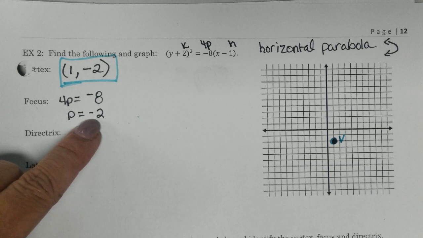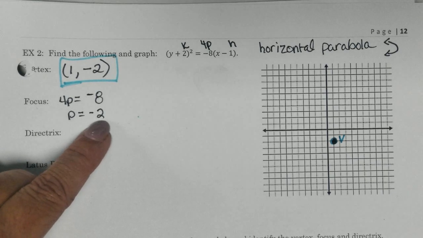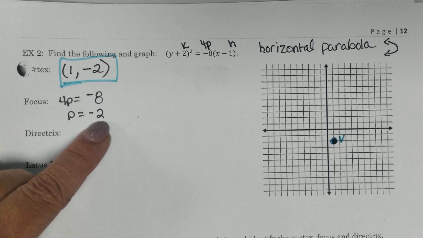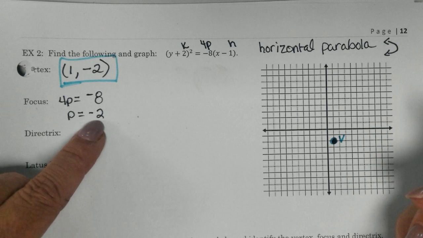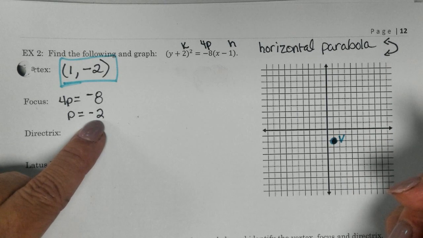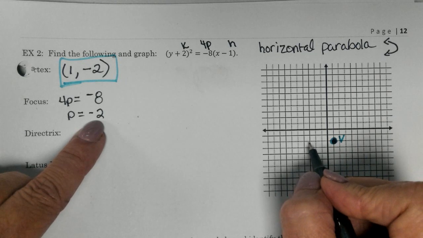I want you to be able to look at this and just know you're moving 2 units away from the vertex, period. And depending upon which way your parabola opens is the direction where your focus goes and where your directrix goes. So since this is opening in a negative direction, we are going to have to move to the left for our focal point.